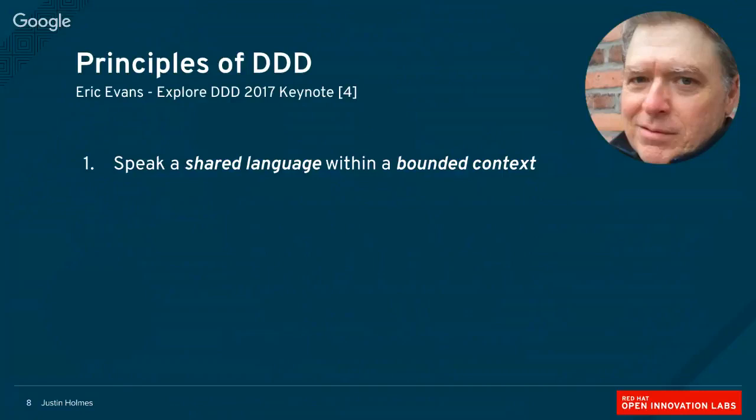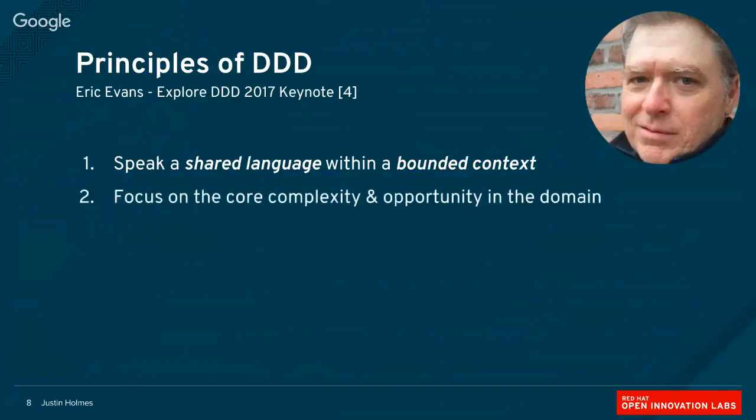And we're going to look at that by example in a second here. The second principle is focusing on the core complexity and opportunity of the domain. And this simply means that we're really striving to find the piece of software that we're building that gives our business a competitive advantage. And often that competitive advantage isn't one related to a messaging system.